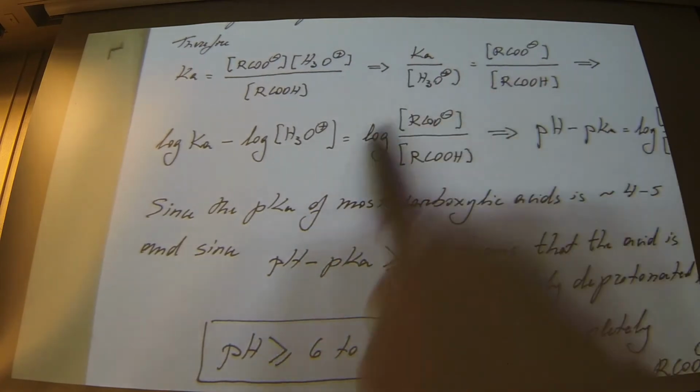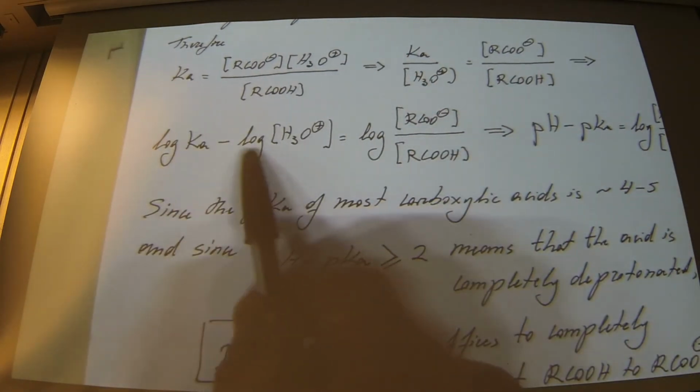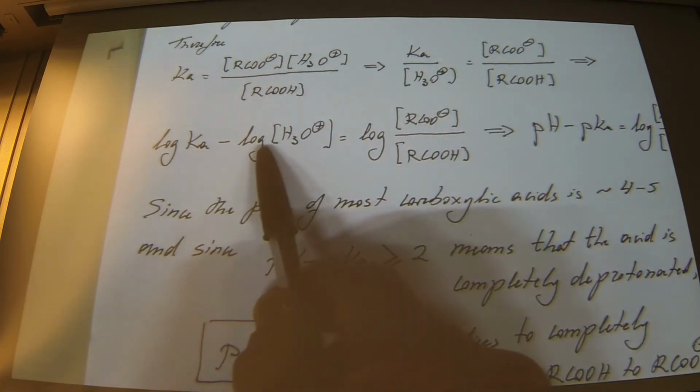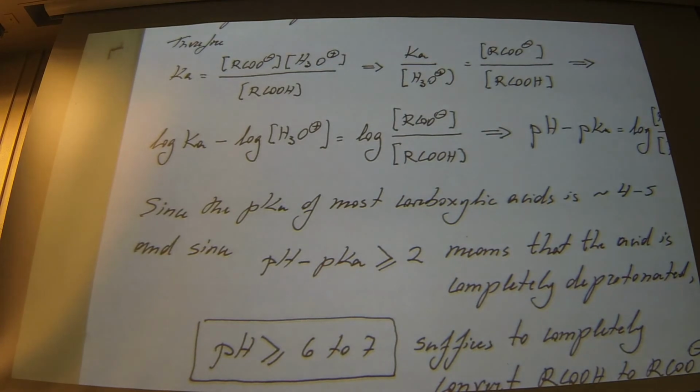And then take a log of each side. So I take a log of this stuff, minus log of that. Now, minus log of H3O plus is what? That's pH, right? Because the negative logarithm of hydrogen ion concentration is defined as pH. And this is minus pKa.